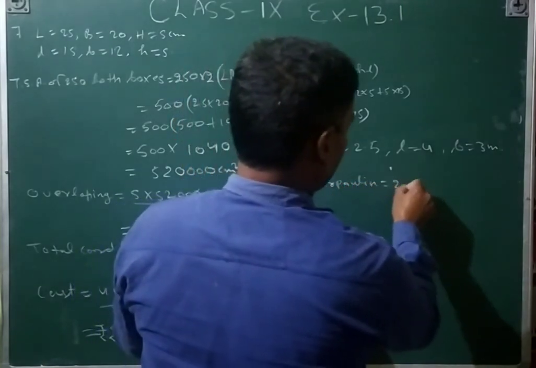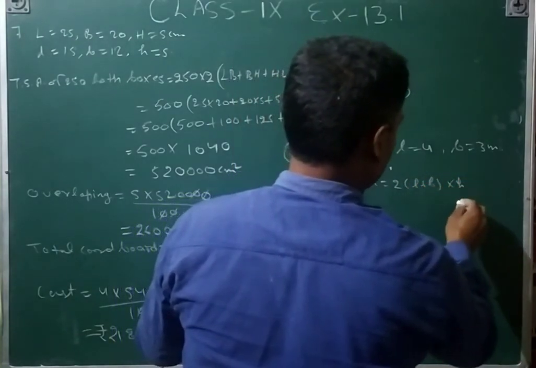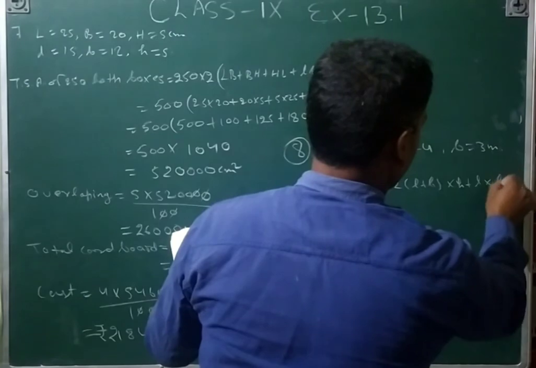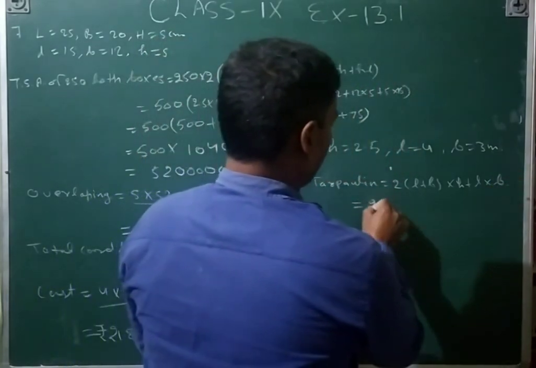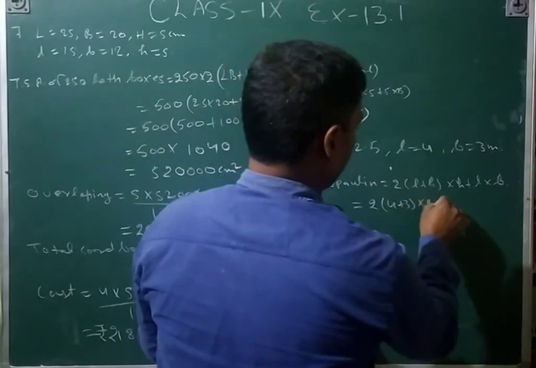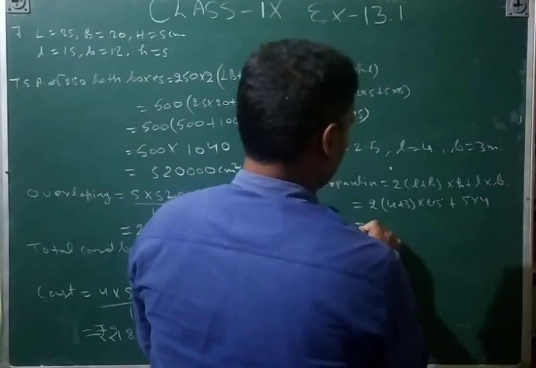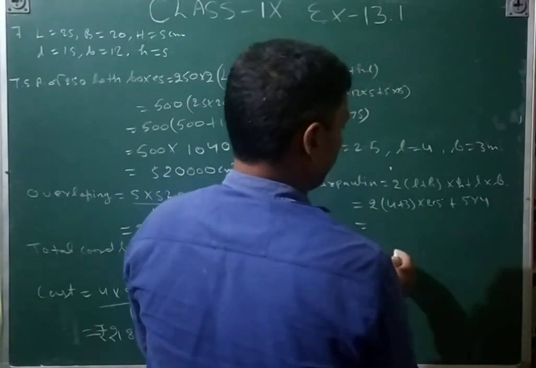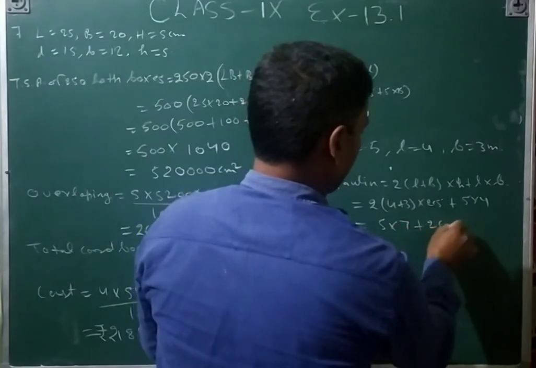2 bracket L plus B into H plus L into B. So 2 bracket 4 plus 3 into 2.5 plus 5 into 4. So that 20, that will be 5 into 4 7 plus 4 5 ja 20.